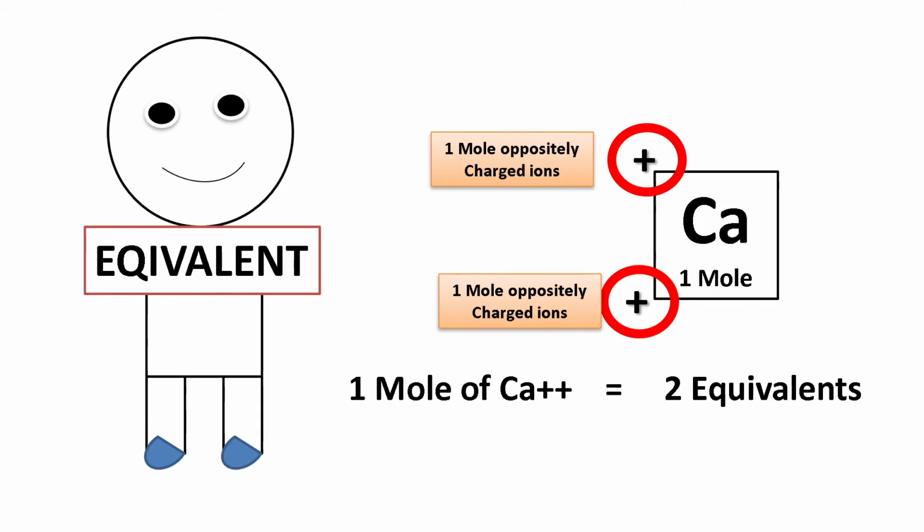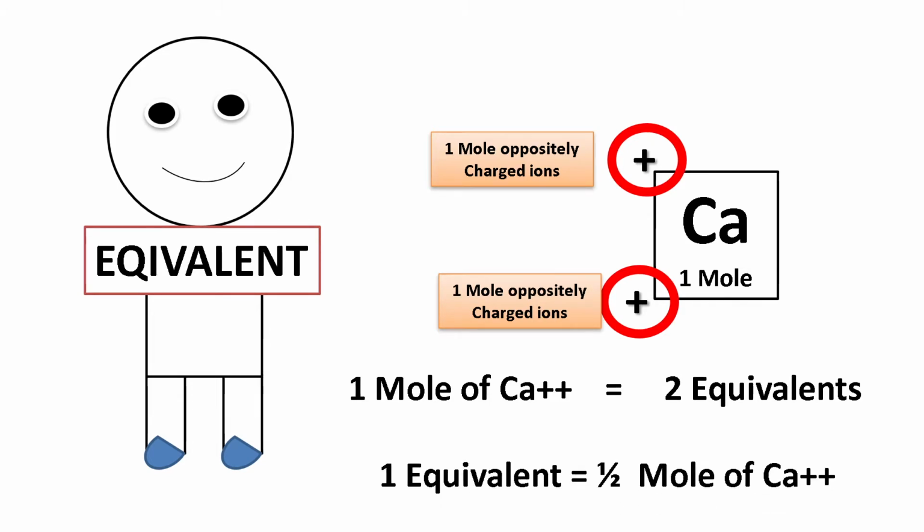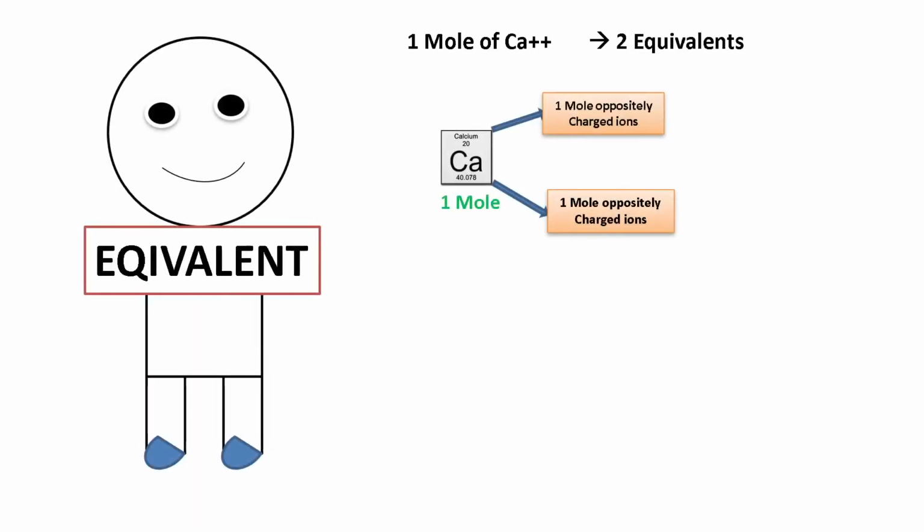That means 1 mole of calcium ions is equal to 2 equivalents, or 1 equivalent is equal to half mole of calcium ions. 1 mole of calcium ions is equal to 2 equivalents, which we know by now.